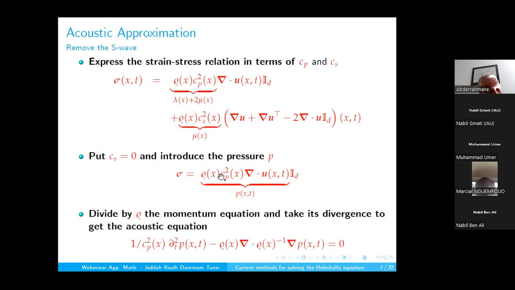And then you put CS equal to 0. That is, you completely neglect the secondary waves.